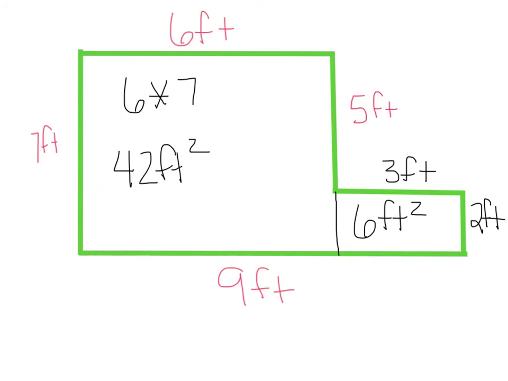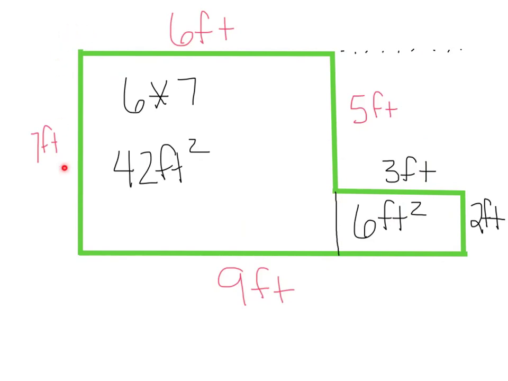And I know that if I imagined that this line went out and made a full rectangle, these 2 would have to match. So I know that together, this 6 plus this part here would have to be 9. So then I just imagine that coming right down here. So this part has to be 3 feet.